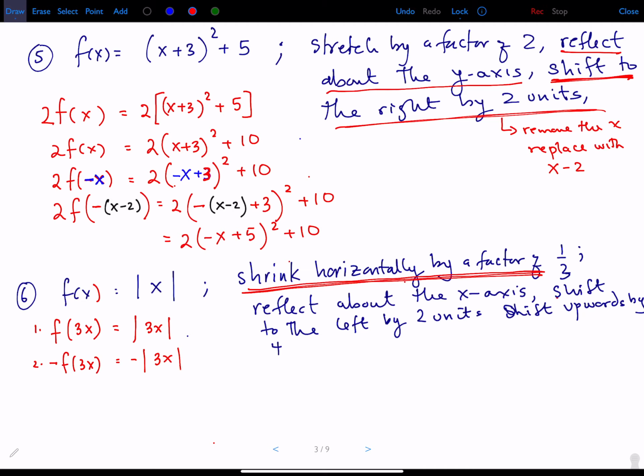And then it says shift to the left by 2 units. That means that I'm going to remove the x and replace it with what? x plus 2.